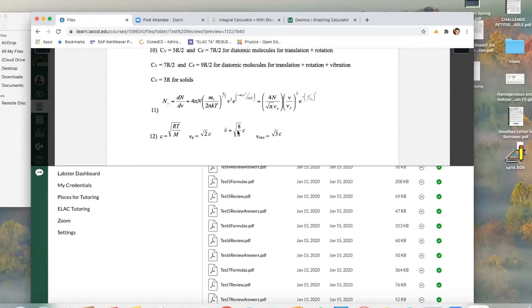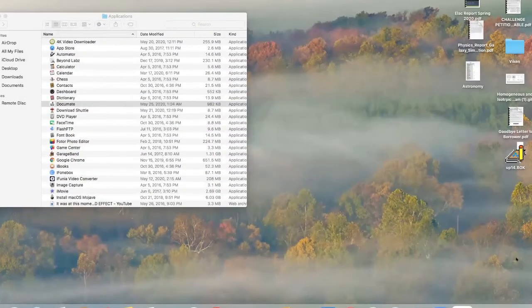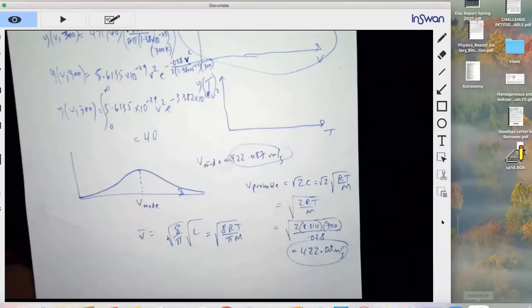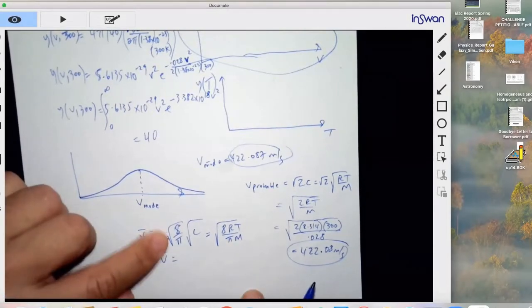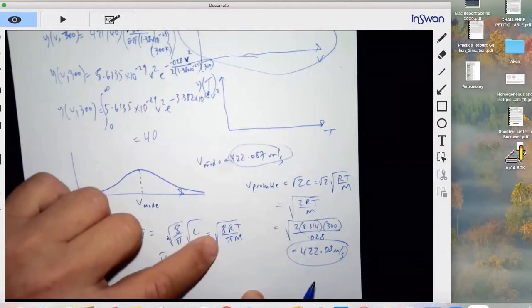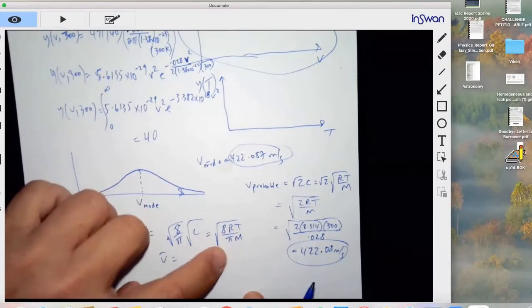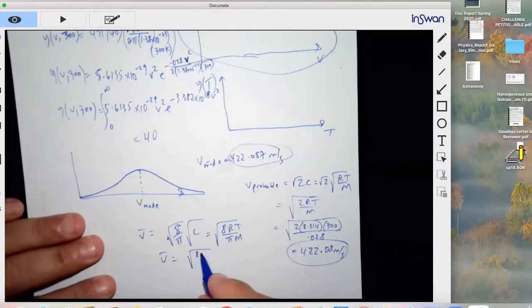We would put c as square root of RT over m. So then we would do what? See, square root of 8 over pi, square root of c, and then square root of 8RT over pi m. So if I put that in, what is it going to give me?